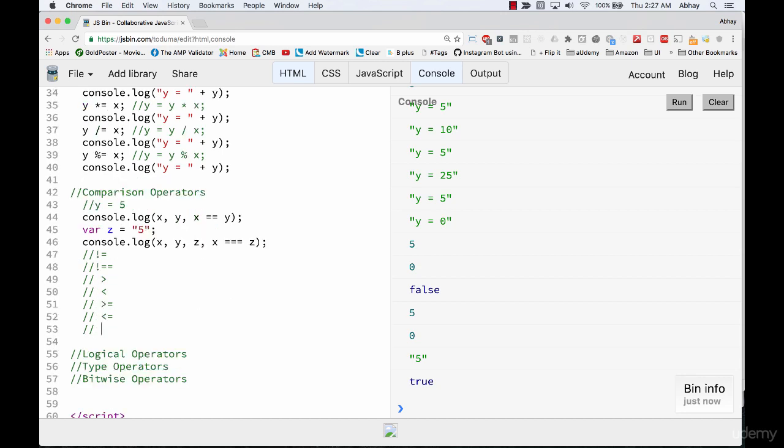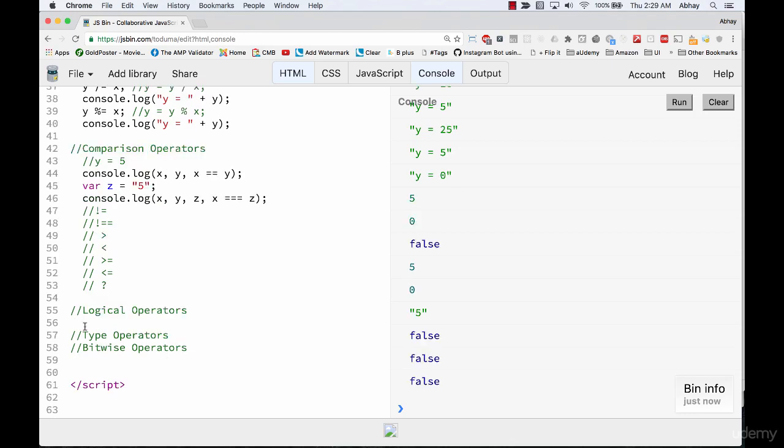We also have a ternary operator, which is indicated by a question mark. We will cover all these operators in a future lecture. But just understand that comparison operators are used to compare a left hand side and a right hand side and give a resultant value, which is either a true or a false.